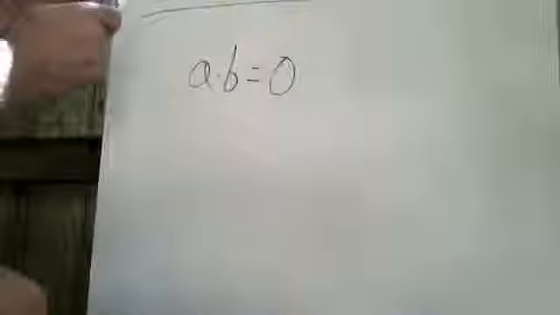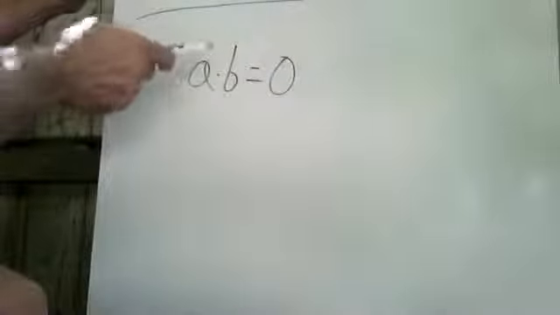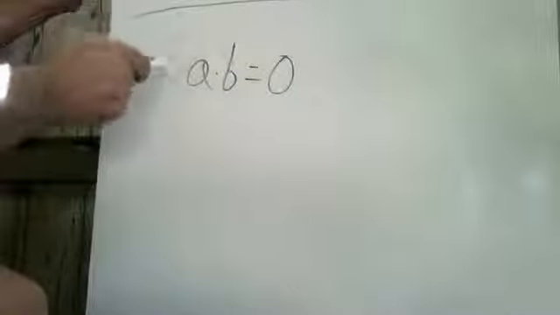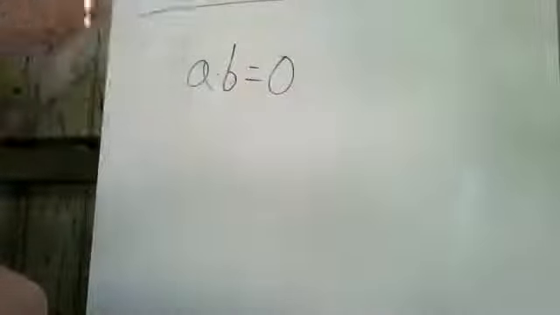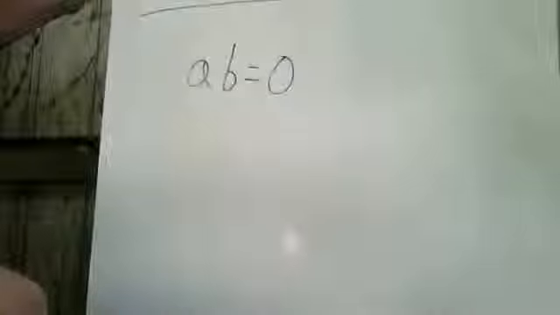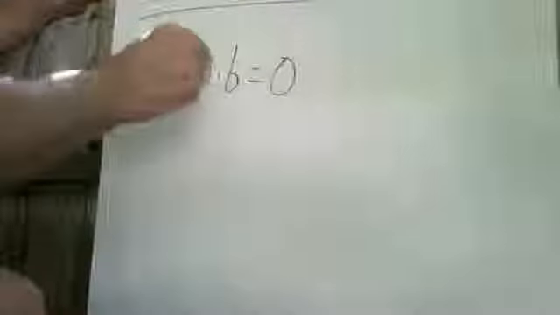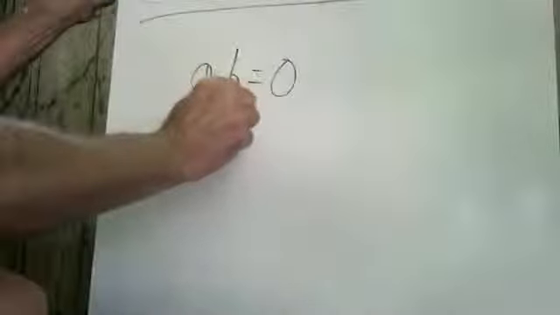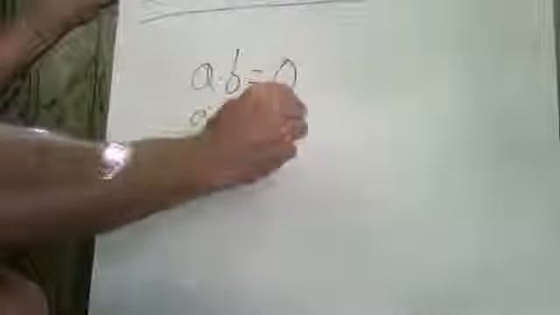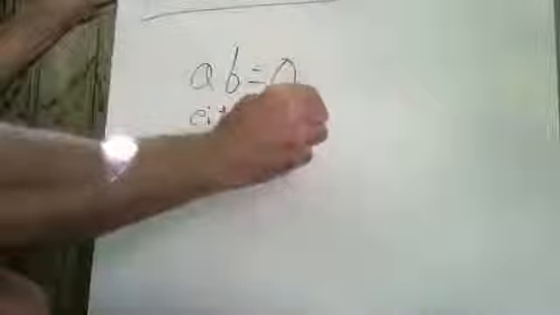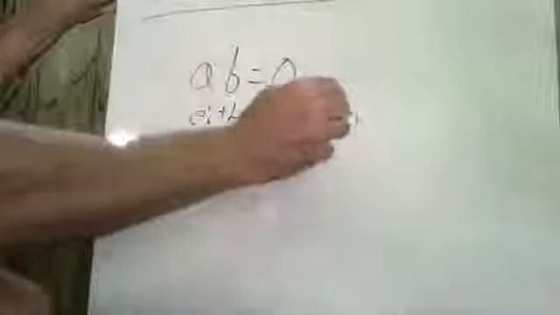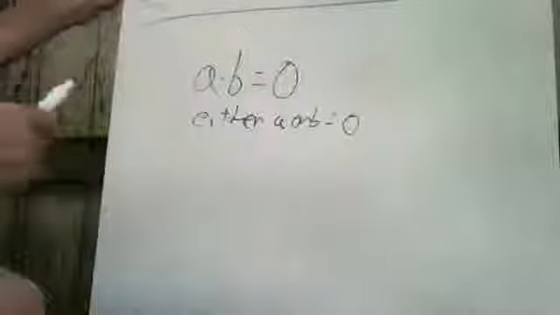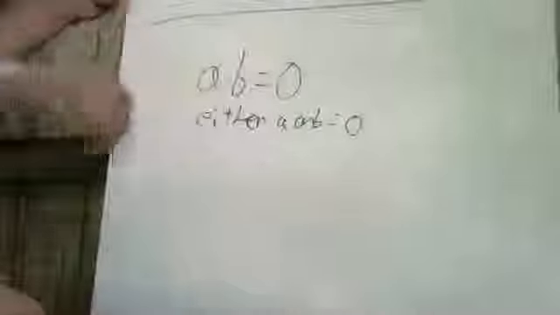No. If A times B equals 0, then what you know is either A equals 0 or B equals 0. That's what you know right away. So if A times B equals 0, either A or B or both equals 0. That's simply what's called the zero product property.